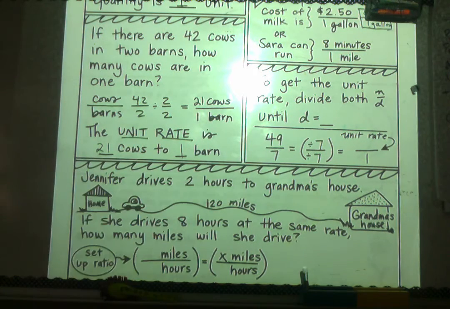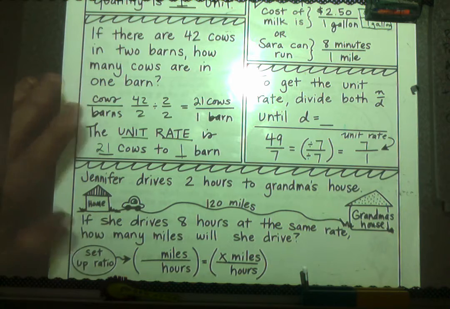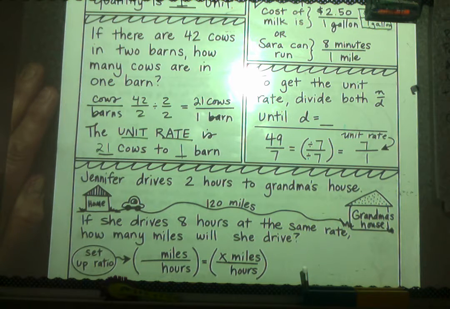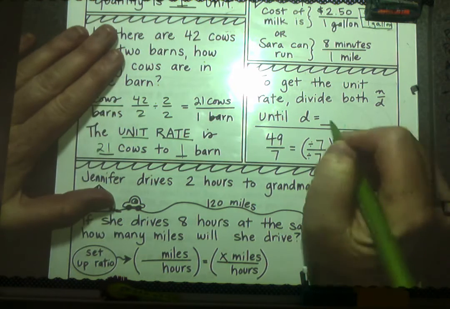Right, what you do at the bottom, you have to do the top to make equivalence. So the top is 7. If we didn't want our answer as a fraction, we would actually do the division. So what would the answer be if I actually divided 7 by 1? 7. Yeah. So the answer is actually 7.